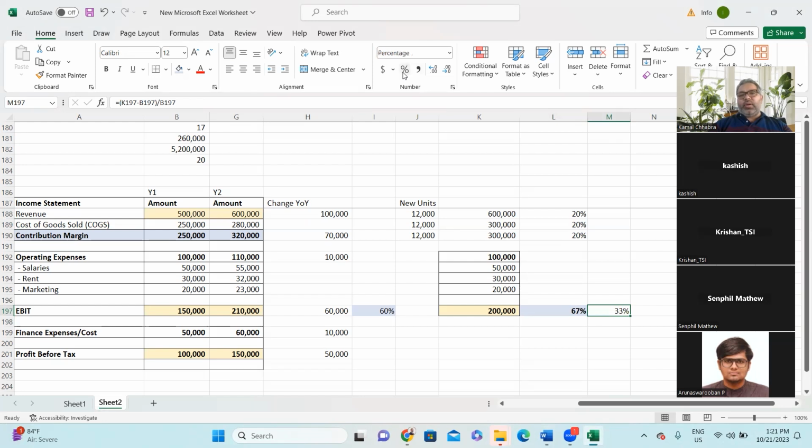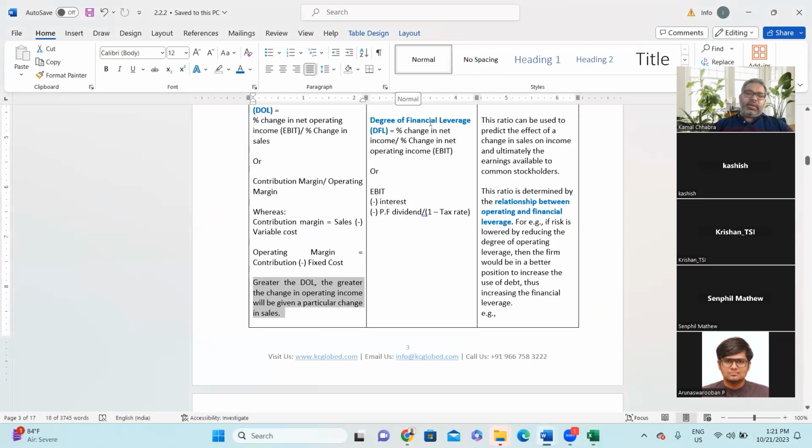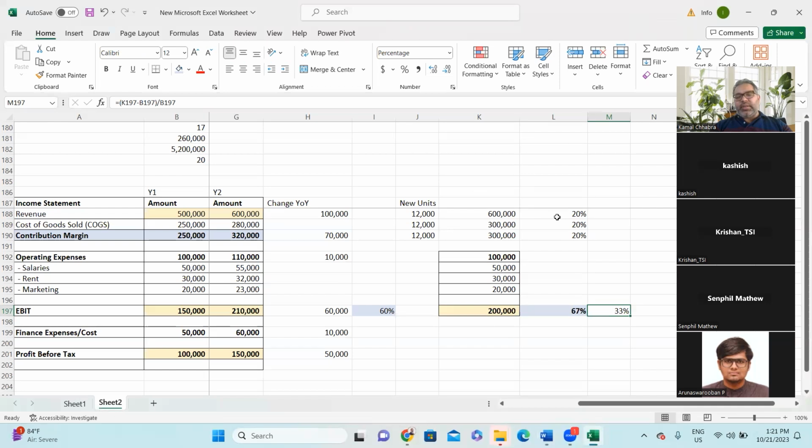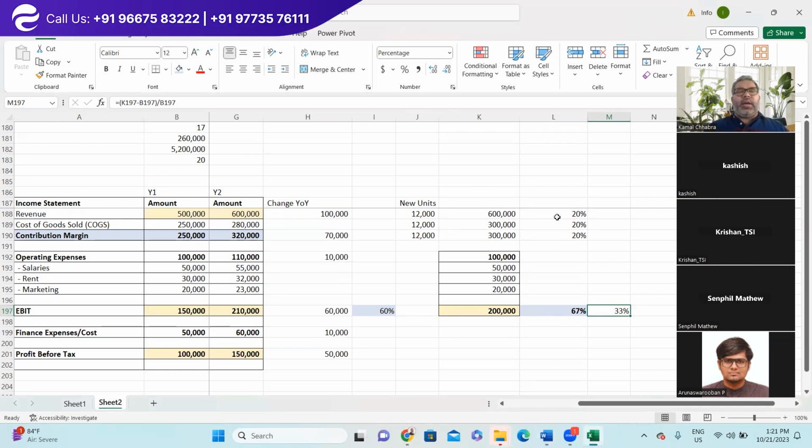Your EBITDA has increased by 33%. This is what it means. The greater the degree of operating leverage, the greater the change in operating income will be given in a particular change in sales. That means if sale is increasing by 20%, your EBITDA will be increasing by 33%. Make sense? Yes or no?